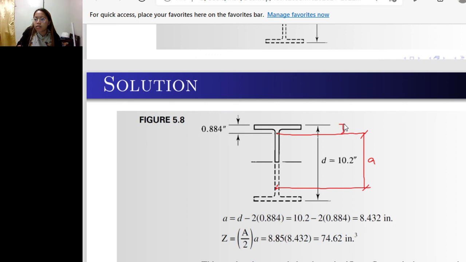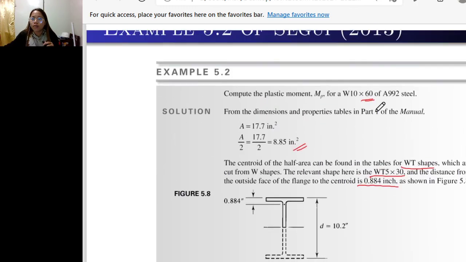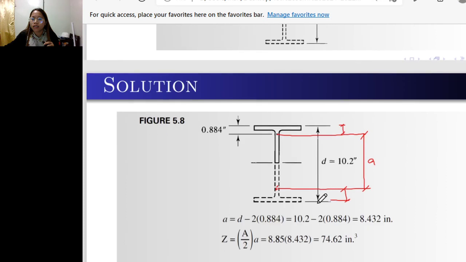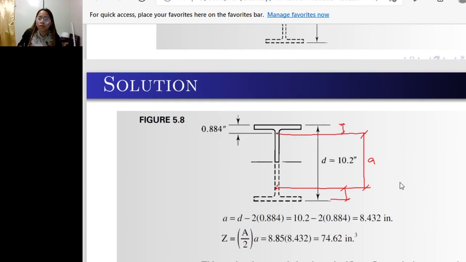So that is d minus 2 times 0.884. And this W10 by 60 has a depth of 10.2 inches. So A is equal to 8.432 inches.